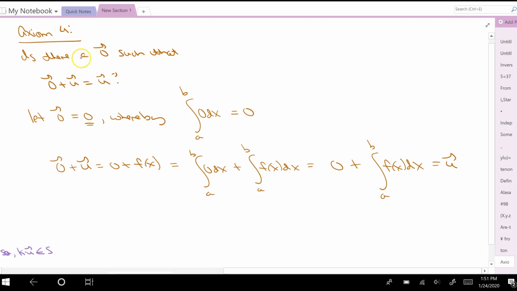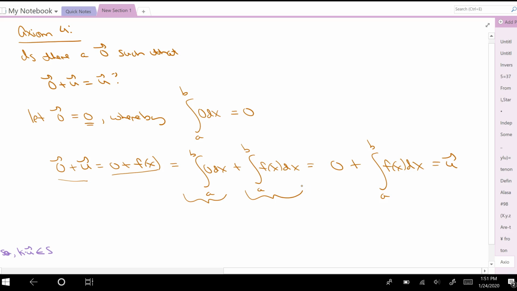The question is, is there a 0 vector that exists in set S such that the 0 vector plus u equals just u? So all I said here was let vector u just be the number 0, whereby the definite integral from a to b of 0 equals 0. If that's the case, 0 plus u, or 0 plus f of x, which is really this plus this.